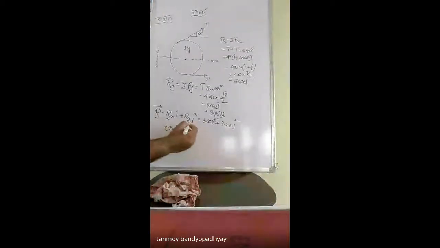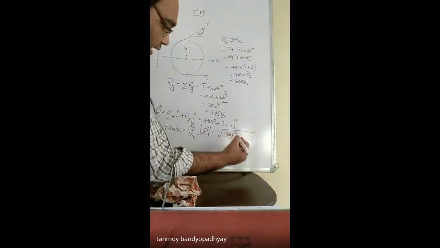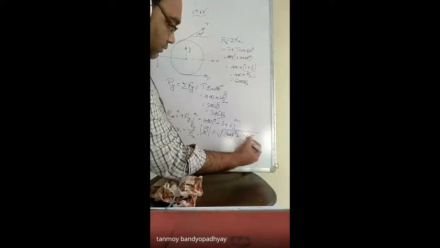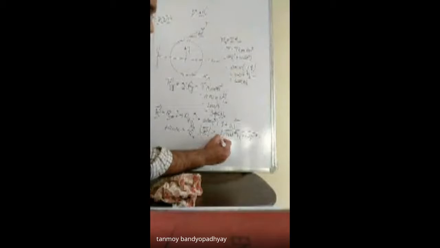If you need to find the included angle, the inclination of R with Rx, as we had discussed last day, tan alpha, where alpha is the angle made by the resultant force with the x direction, is given by Ry by Rx. And the magnitude of the resultant is given by the square root of 600 square plus 346 square. This value will come out to be 693 Newton.